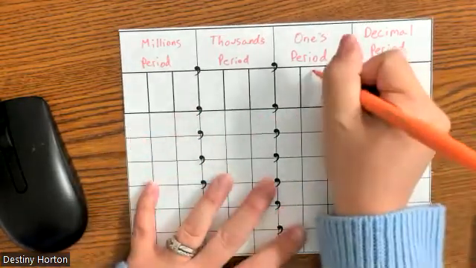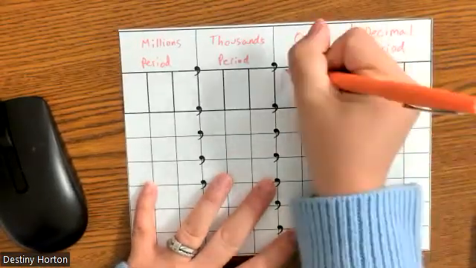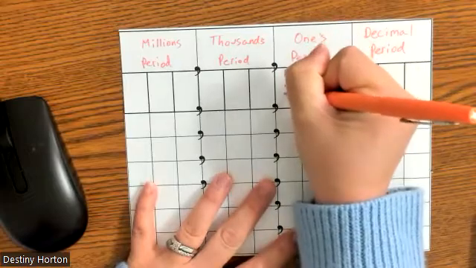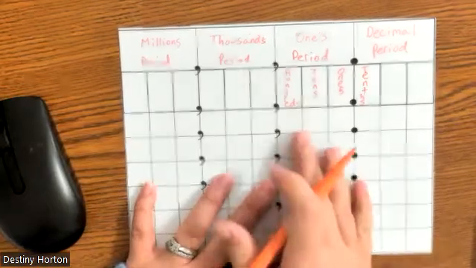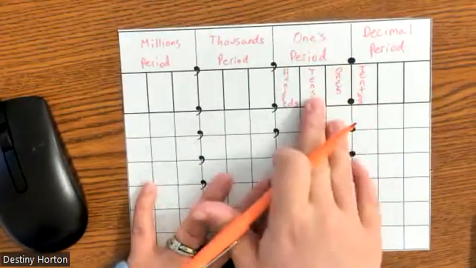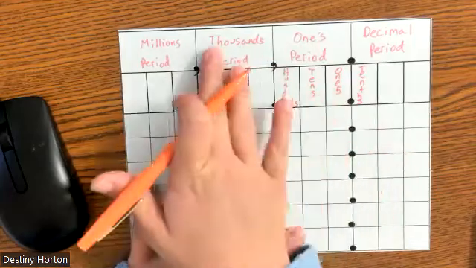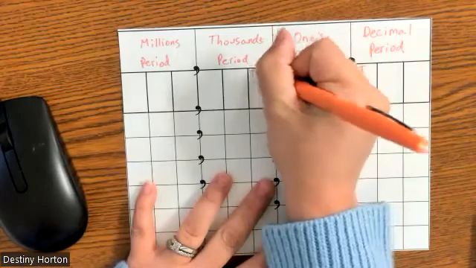So after ones, we have tens, then hundreds. Sorry, I'm having to curve it a little bit. I'm out of room. But now that's all of the ones period: the ones, tens, and hundreds. And we move on to the thousands period. So after the hundreds, we have thousands.